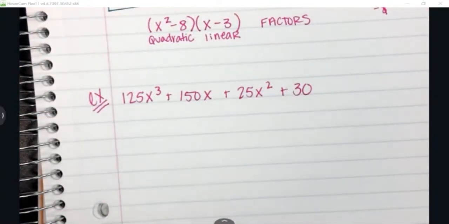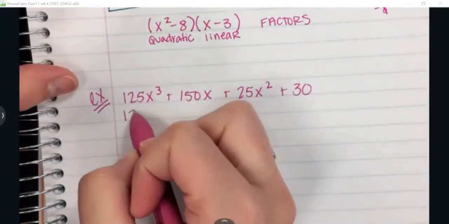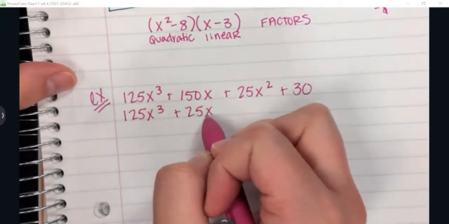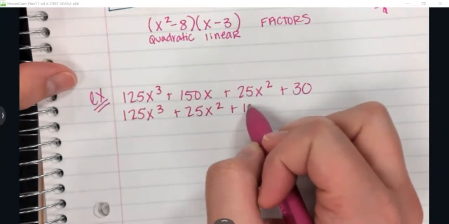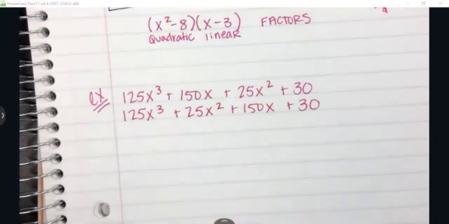What do you notice about this problem? It's not in standard form. So on your paper, take about 10 seconds and rewrite it in standard form. Standard form in order from big exponents to little exponents, okay?